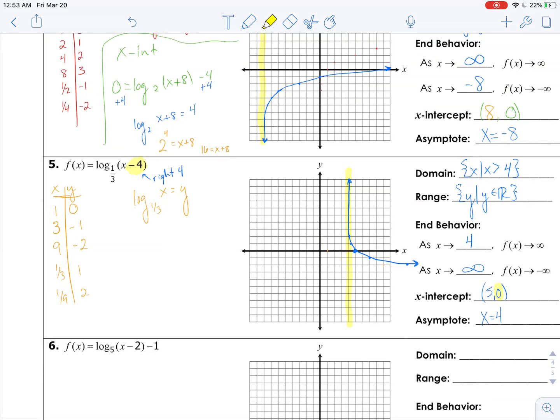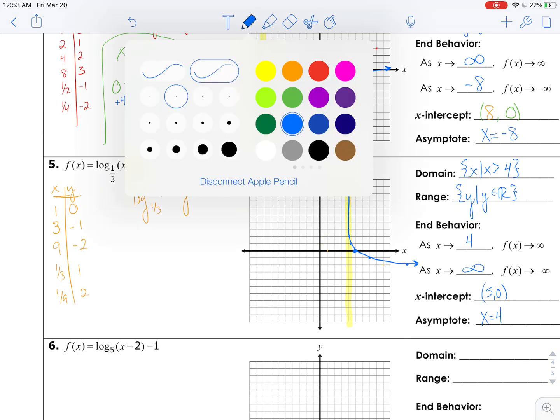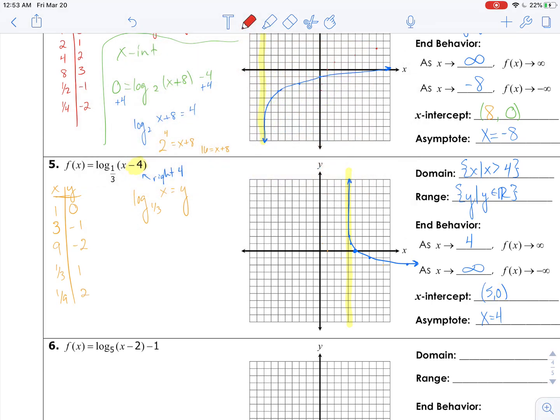Let's check that x-intercept. And how do we check that? Well, we see our y value is 0. So let's start with red. So 0 equals, and we kind of box this off, equals log base 1/3 of x minus 4. And this is kind of nice because we've already got a log equal to a number.